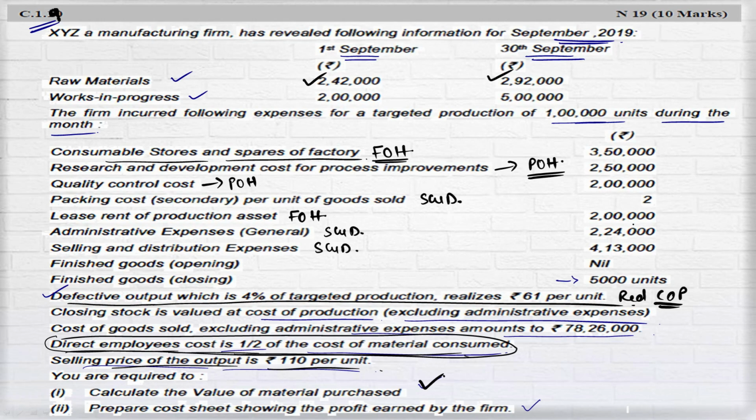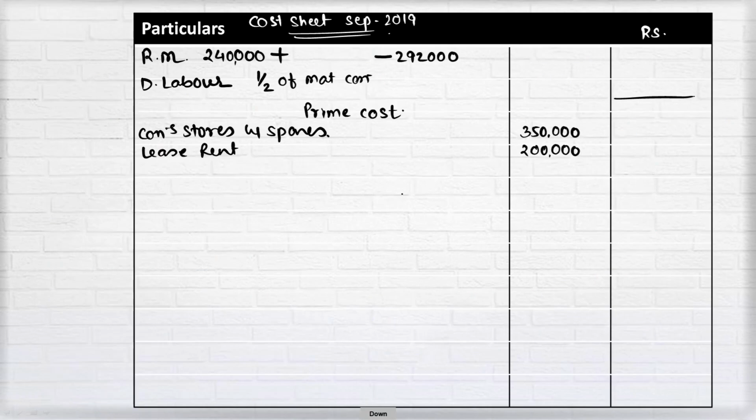Lease rent is the 2 lakhs that we have written. Then there's selling and distribution. Defective output, I will be reducing it from cost of production. Closing stock, direct employee we have taken into consideration. Alright. So we can total out. This is 5,50,000.